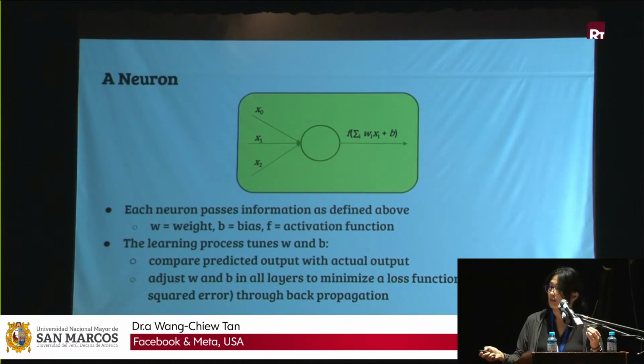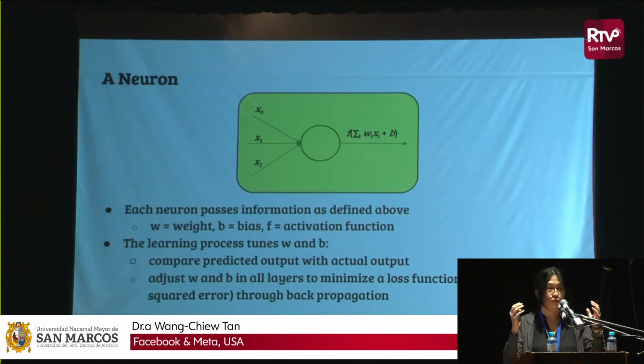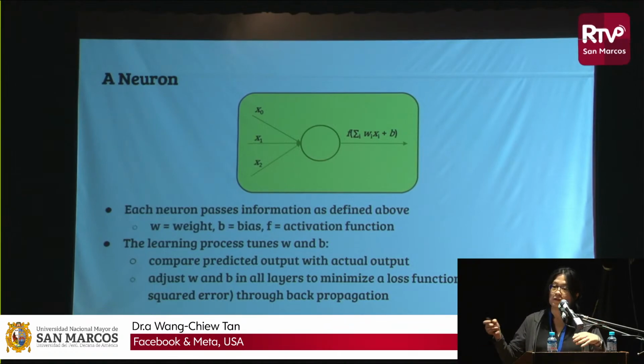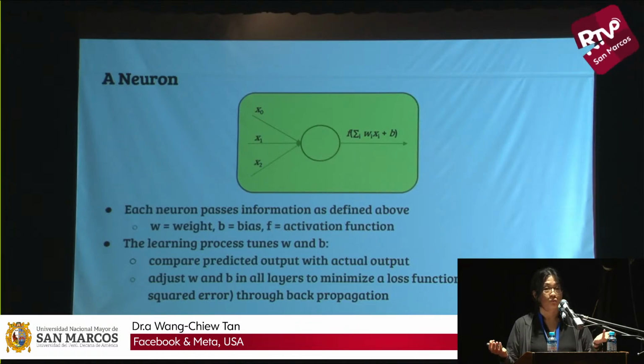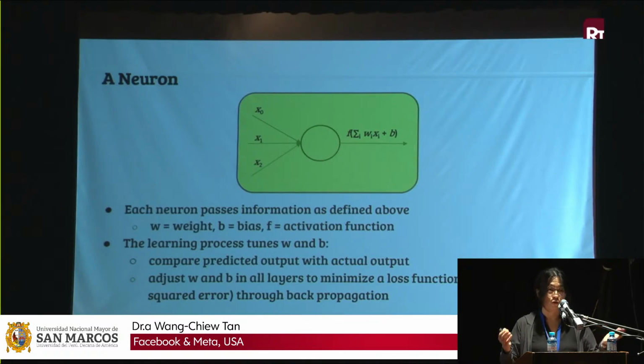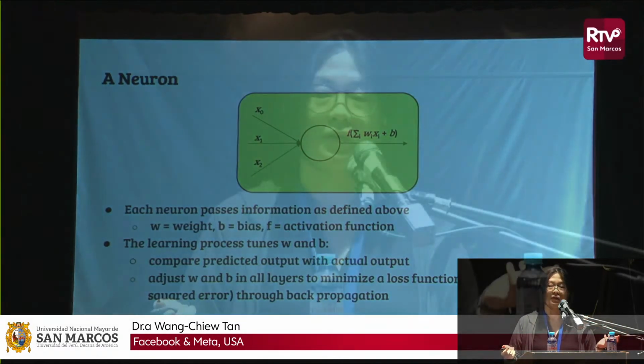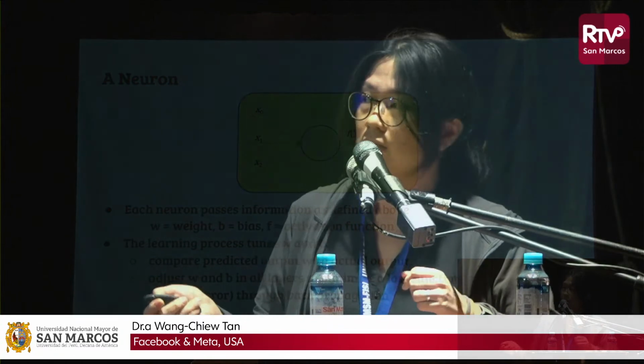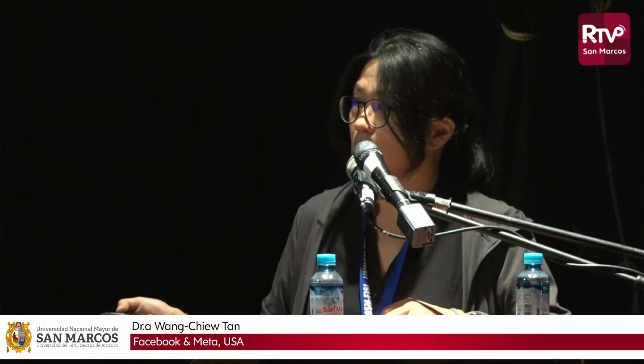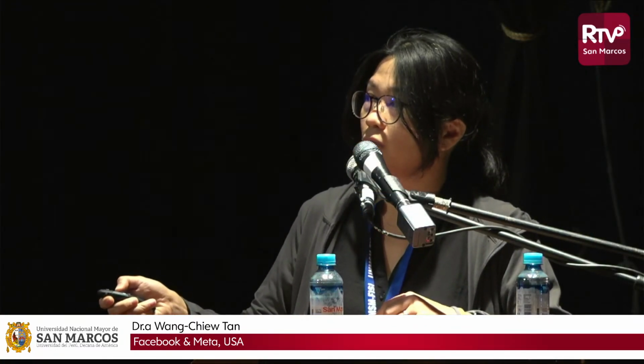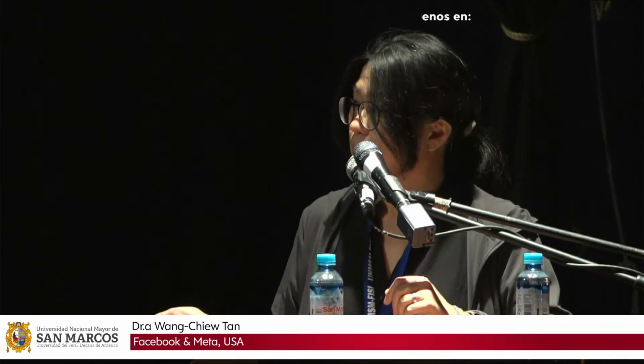If you optimize that, these W's and B's will converge to some values so that ultimately the entire neural network model will approximate your training data, the input and expected output, very well. So that's the general idea. When we say we train a neural network model, we are really just trying to optimize the W's and B's according to the loss function here.